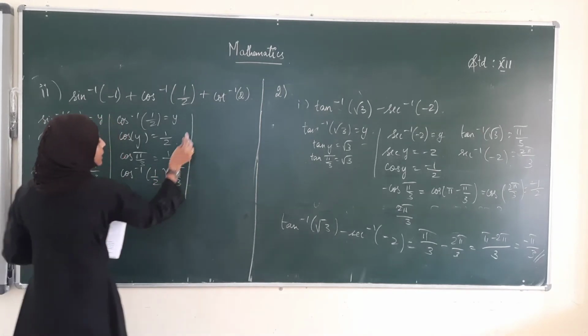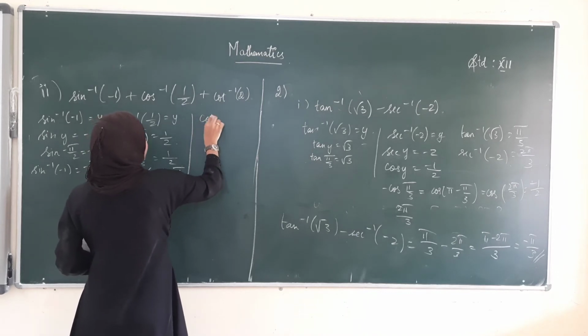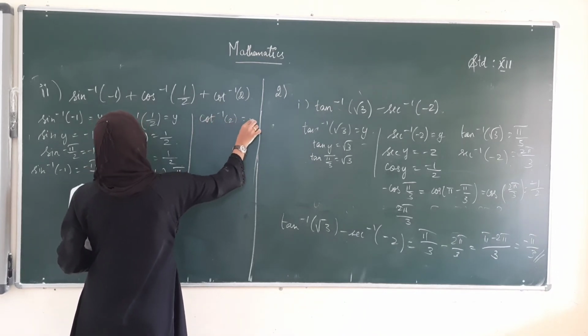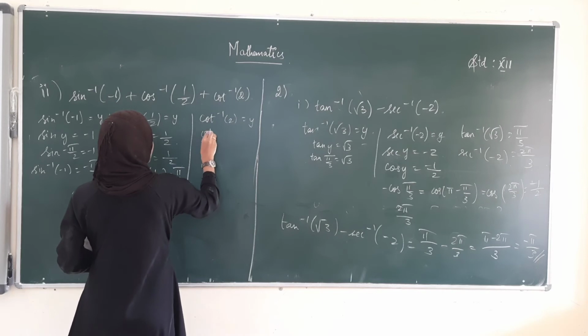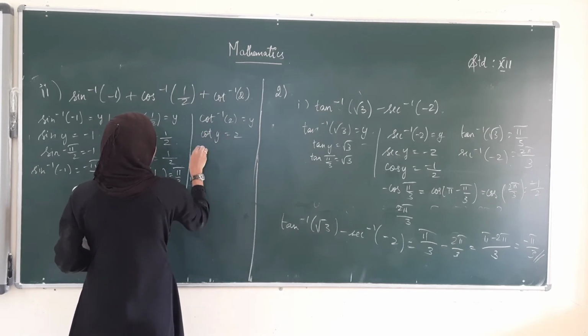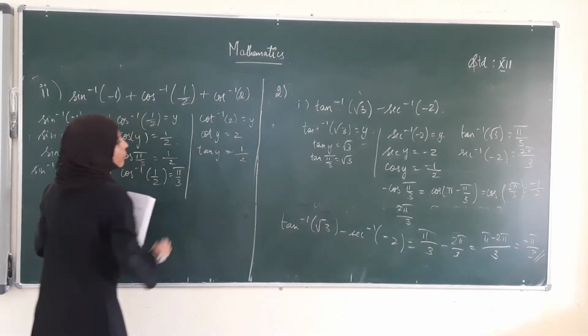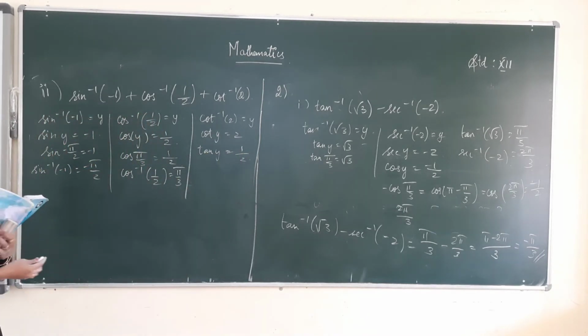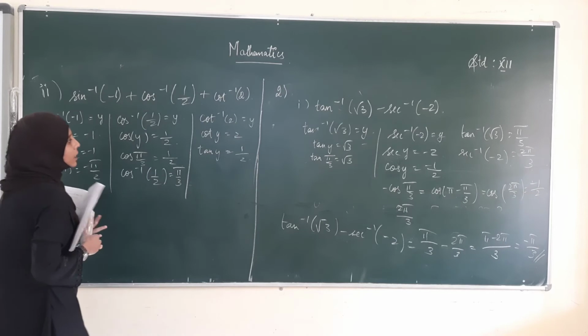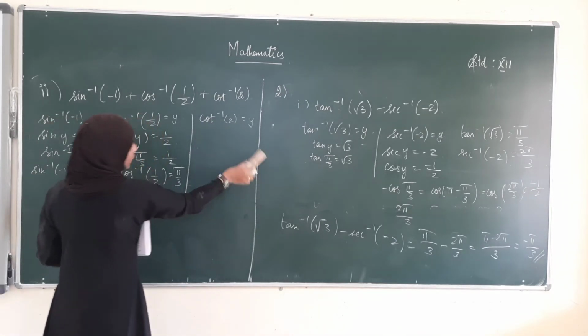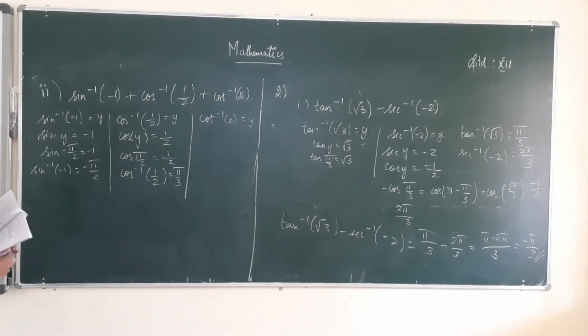See here, for the term cot inverse of 2 equal to y, we find that cot y is equal to 2, then tan y is equal to 1 by 2. We don't know the value of y for which tan y is 1 by 2. Therefore, let us keep cot inverse of 2 as it is.